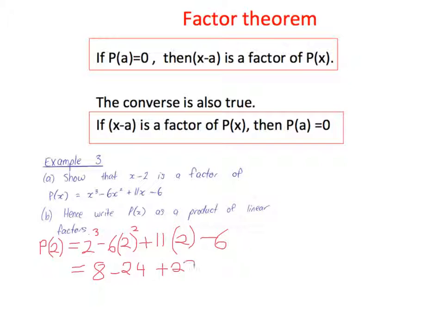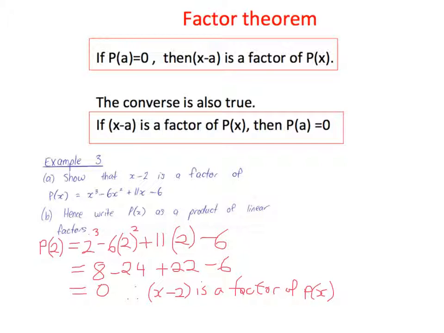Plus 22 minus 6, and then that's okay then to say that equals 0. Therefore x minus 2 is a factor of p of x.